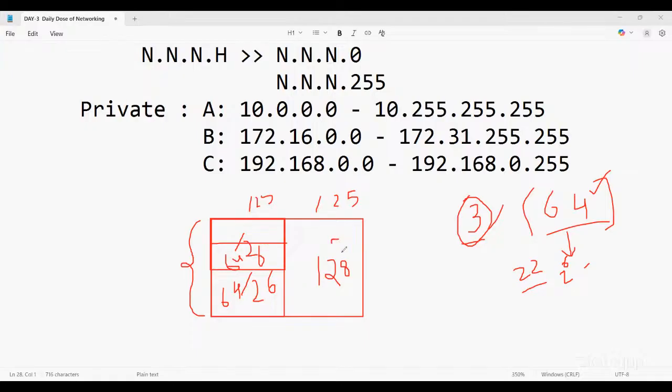If your subnet number 1 is pretty high, then only you go for this one. Otherwise, if equal subnet IPs are required, then go for fixed length subnet masking. Okay, understood? Yes, ma'am. Do we have any other question?